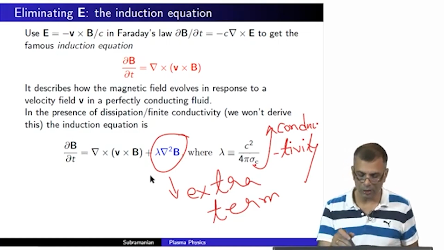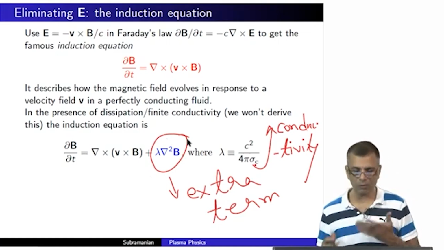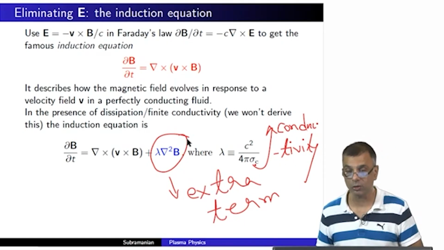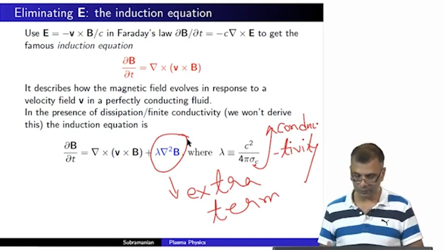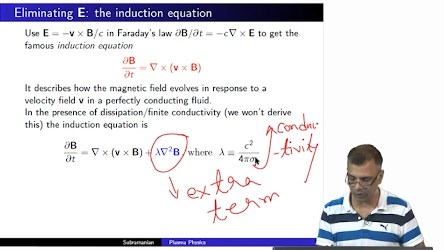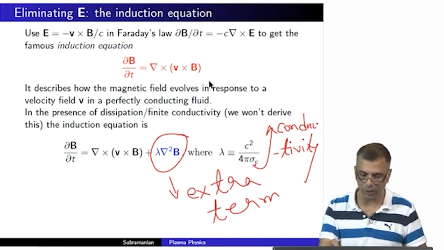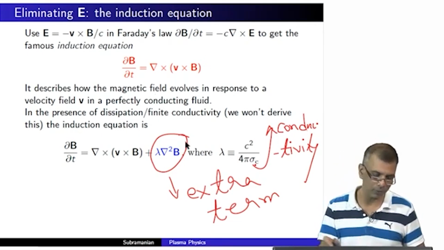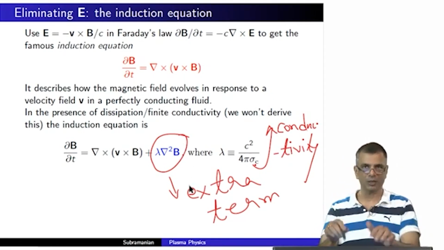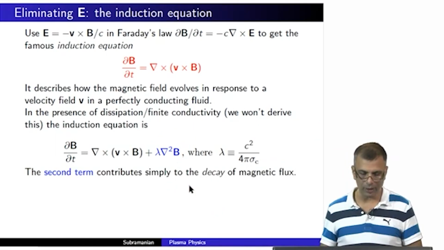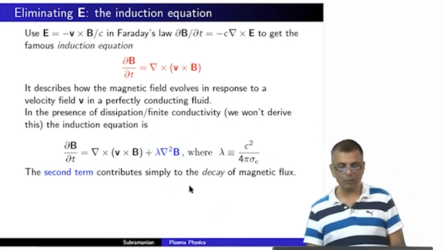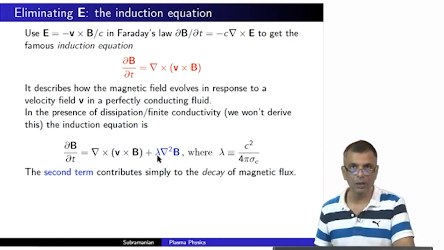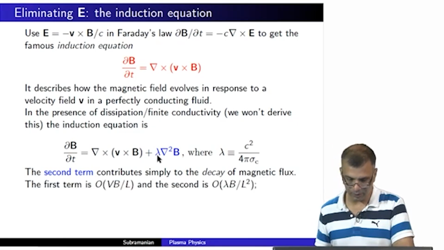This term in blue gives you the effects of finite conductivity or finite resistivity, however you choose to look at it. If the conductivity is infinite, then this lambda would tend to 0 and you would have the plain vanilla induction equation. We did not make any attempt to derive this extra piece, I am simply stating this. The second term in blue contributes simply to the decay of magnetic flux. We will see how.